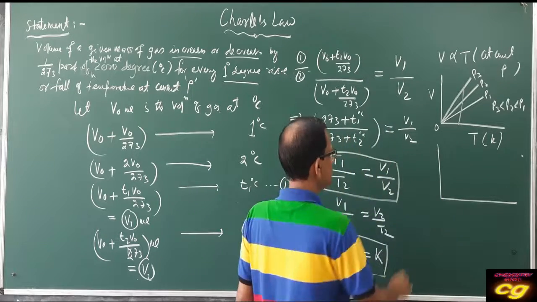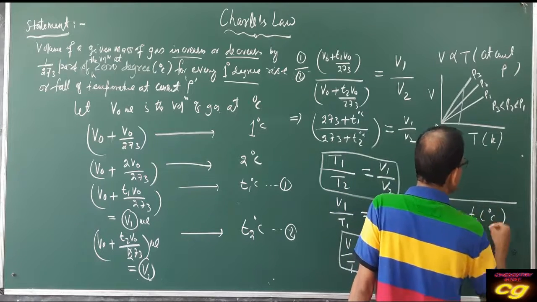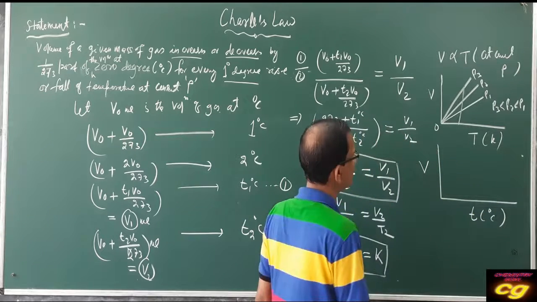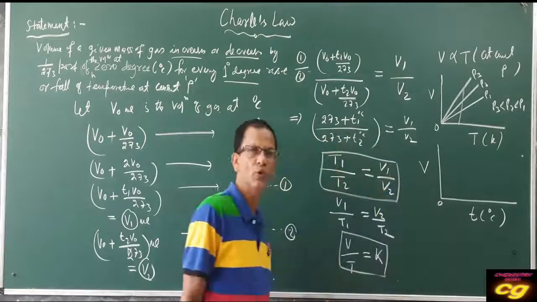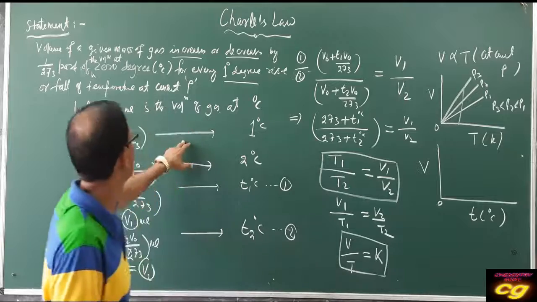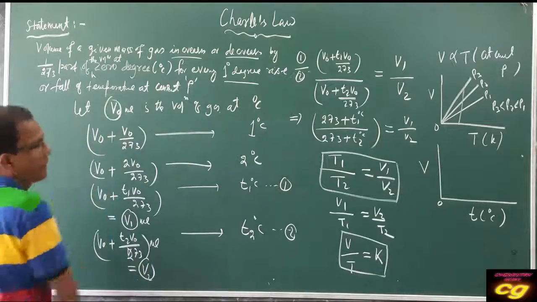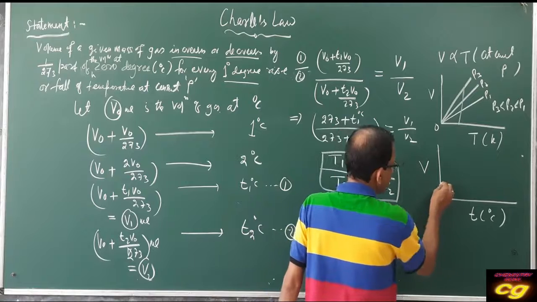Here, suppose this is your V and this is your small t, degrees Celsius. The graph will be, at 0 degrees Celsius, but we know at 0 degrees Celsius the volume will not be 0. At 0 degrees Celsius the volume is taken as V0. So the graph will not start from the origin, it will start above the origin, like this.